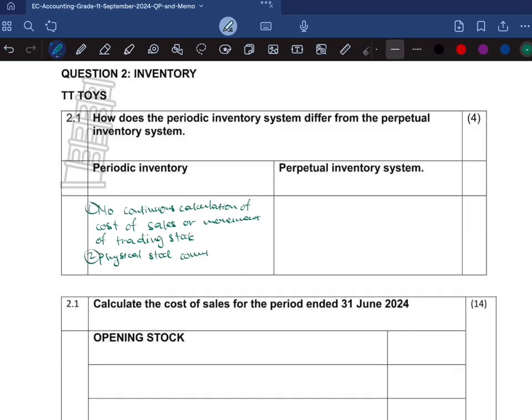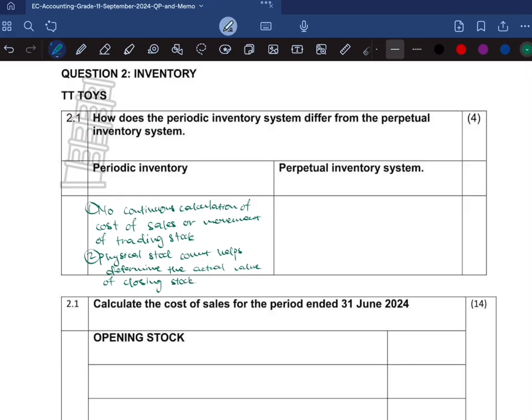Physical stock count helps determine the actual value of trading stock, let's say closing stock. We know that closing stock is at the end of the year, so in that way it will make much more sense.